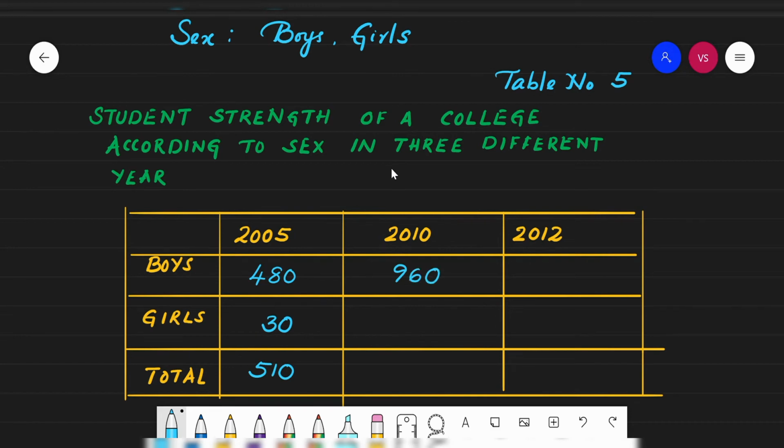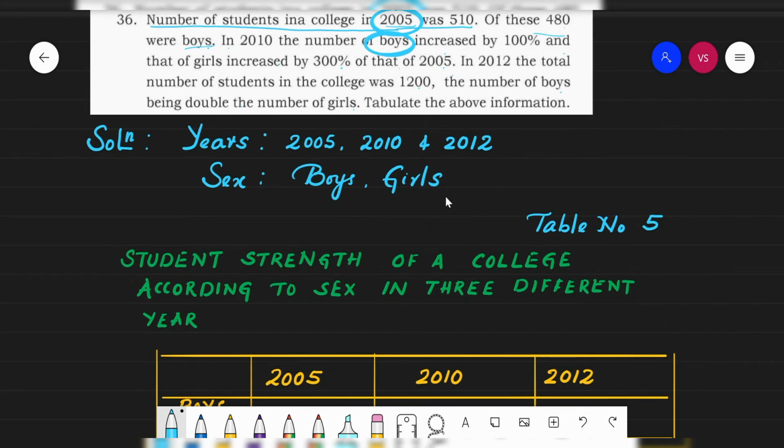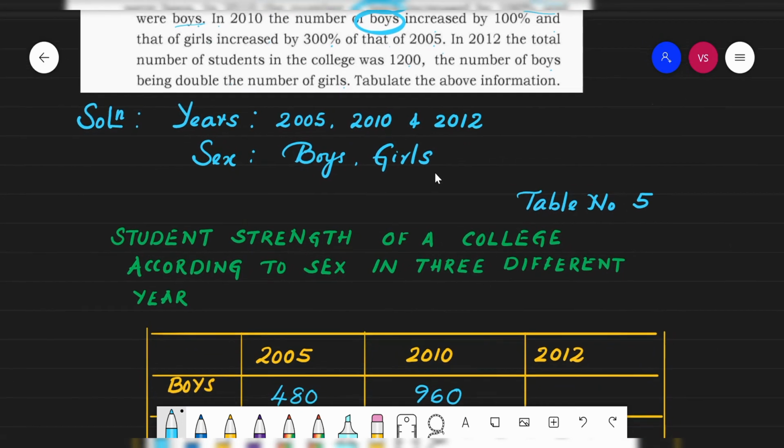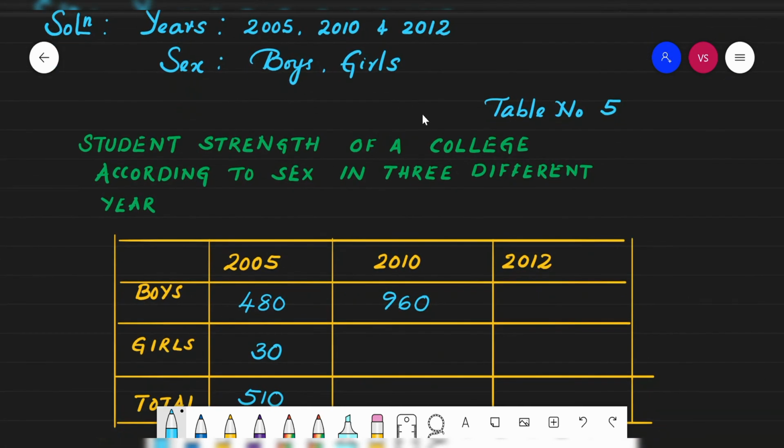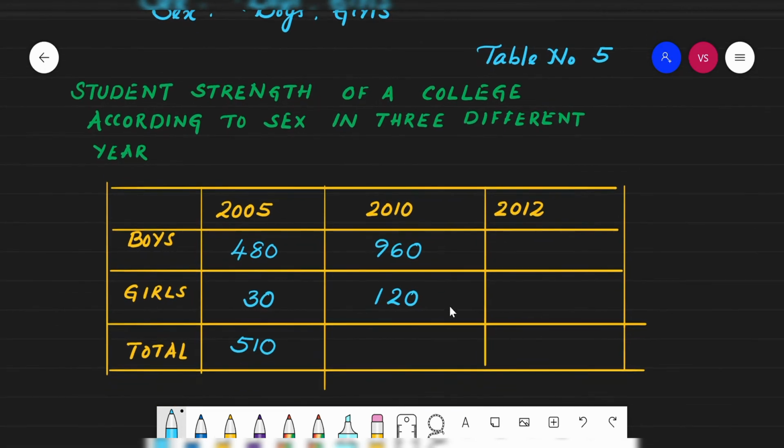And that of girls increased by 300% of that of 2005. 3 times 30 is 90, and 90 plus 30 is 120 students. Altogether, 960 plus 120, the total is 1080. Is that okay? Right.